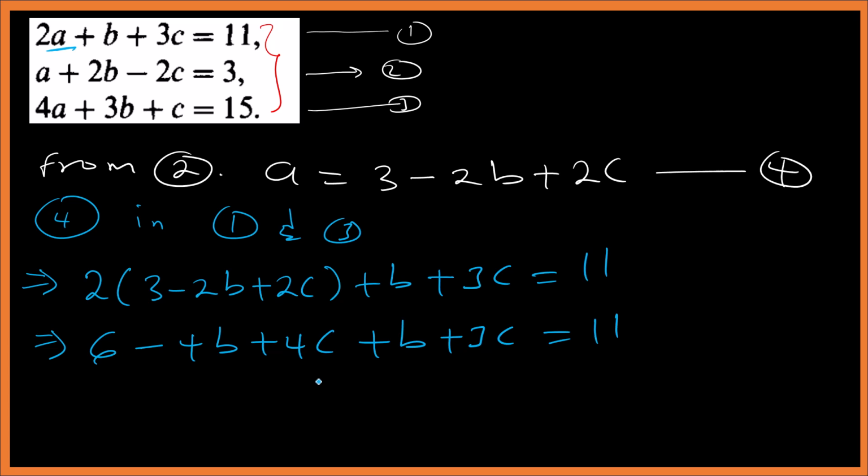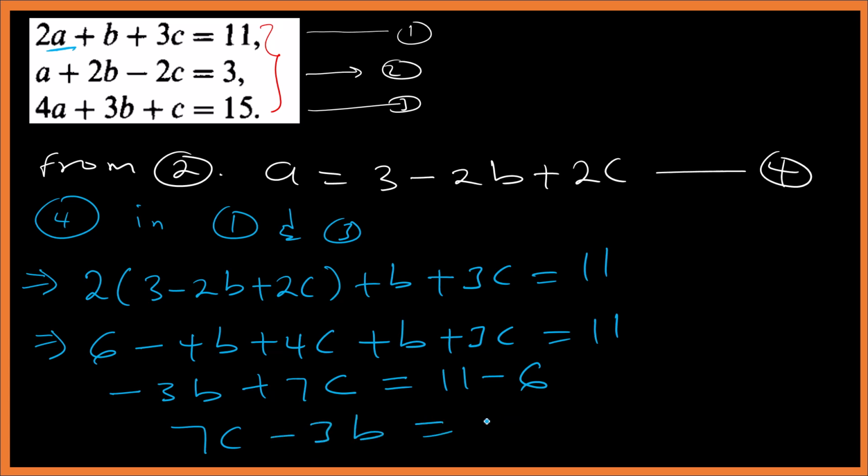So we have minus 4b plus b, that will be minus 3b, plus 7c, and we have 6 here. So 6 to this side will be 11 minus 6. So this is the same as 7c minus 3b equals 5.